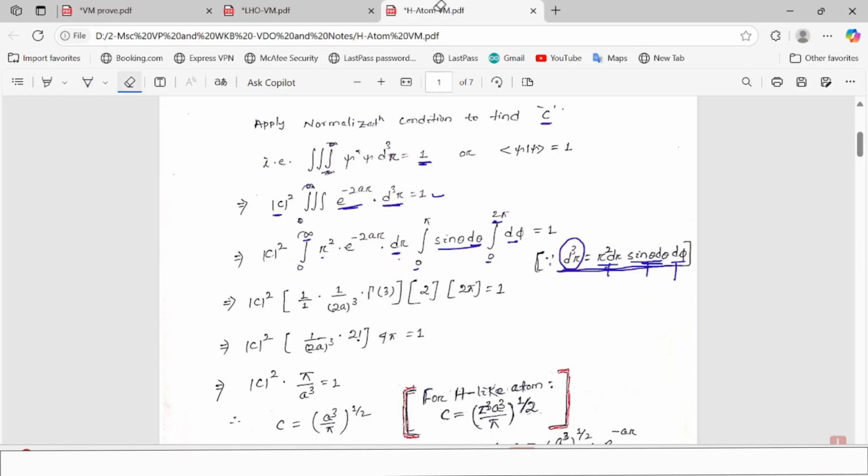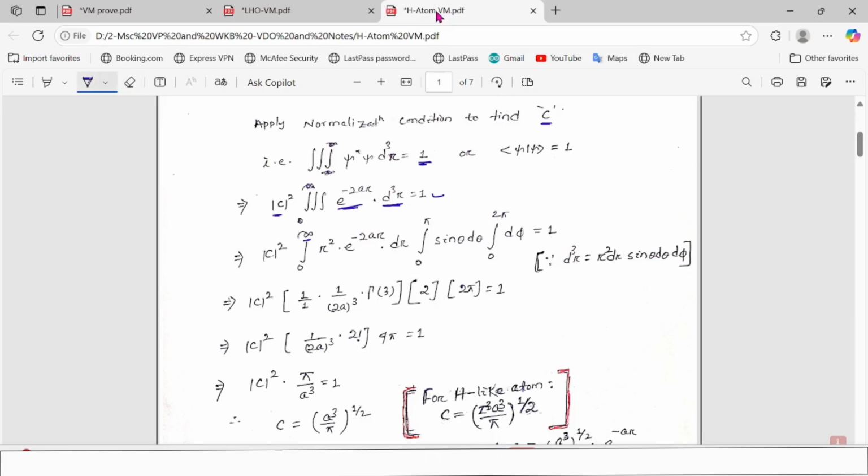Now simply, if you integrate sin theta d theta from 0 to pi, it will be 2. Just do it in your rough. The integration of sin theta is minus cos theta, with limits 0 to pi, so minus cos pi minus cos 0.